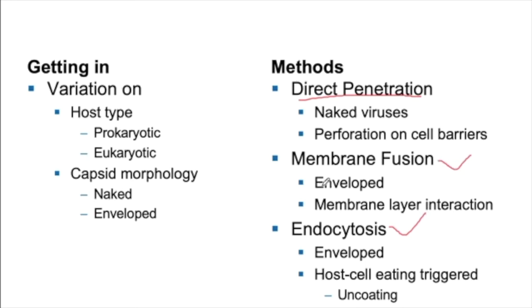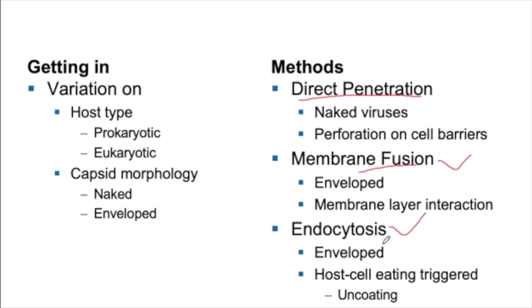Because they're enveloped, they will become integrated into the membrane of the host cell. And then once they become integrated in the membrane of the host cell, they release their genome into the host cell. So that is known as membrane fusion. And then there is endocytosis. It's more like a form of phagocytosis.